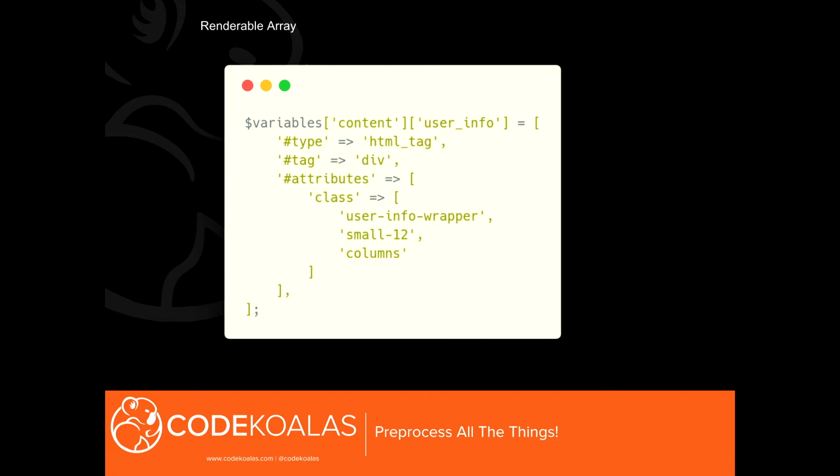And then here we have another thing with people being able to change how things are dynamically. So I have variables content user info, as we just defined here. And here I'm adding actual fields and content inside this HTML div that I created in the render array.